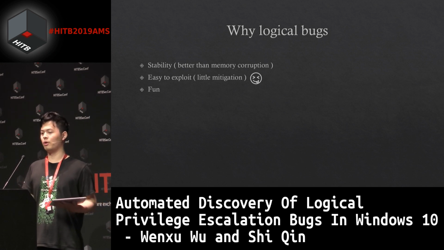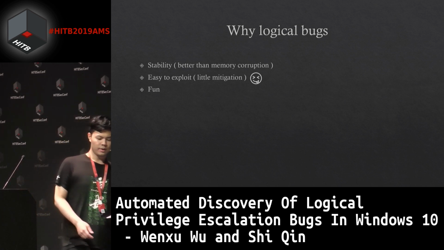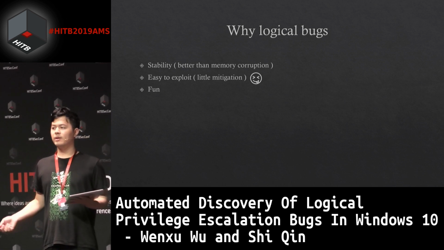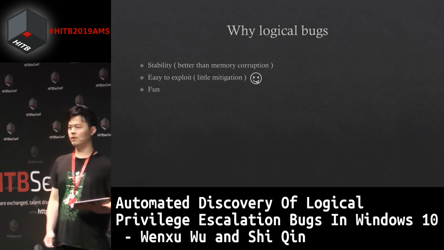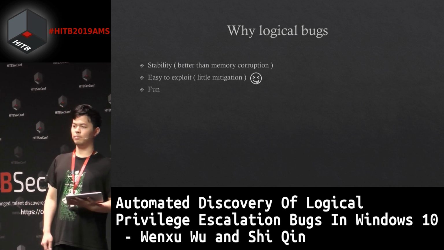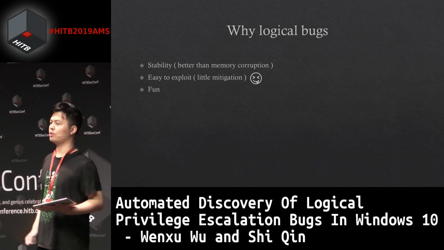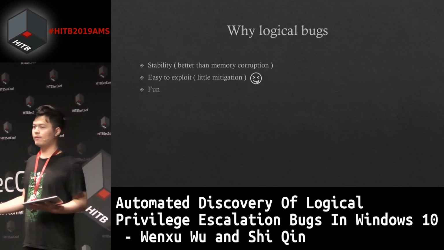That is very usual. And the second reason is that logical bugs are easy to exploit, for there are many mitigations in Windows 10 today, like CFG, DEP, ASLR. That is many mitigations to battle with. And finally, it's very fun to catch those bugs and combine them together to gain privilege escalation.